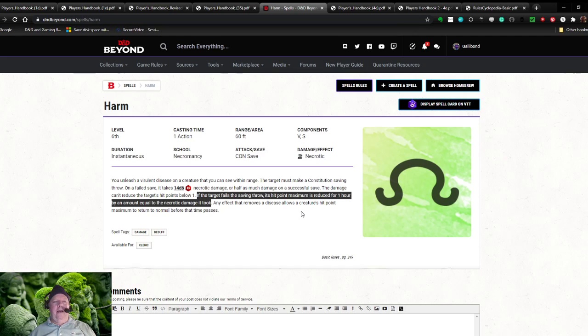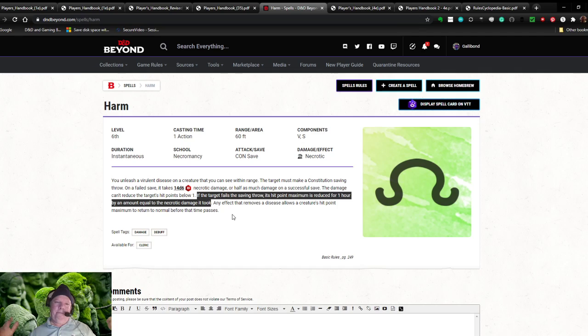So even if they get healing, they can't go back up above that maximum. If they were already injured, let's say they're down 20 hit points, you hit them with this, you deal another 60 hit points, so they're down 80 from their max. If they get healed, they can only go back up to 60 below their max. Any effect that removes disease allows a creature's hit point maximum to return to normal before that time passes.